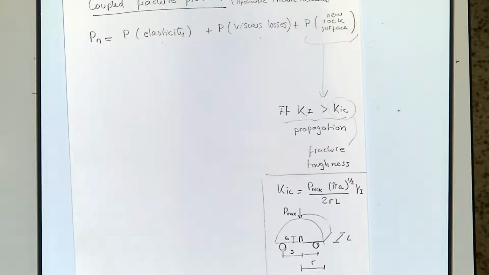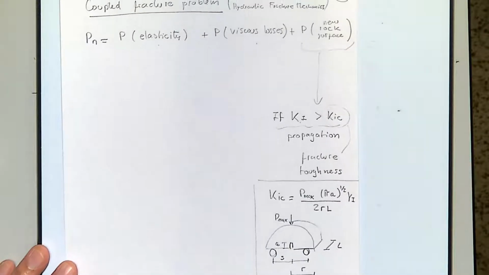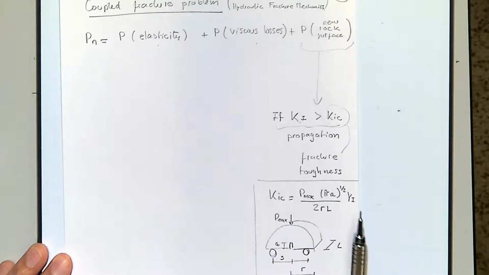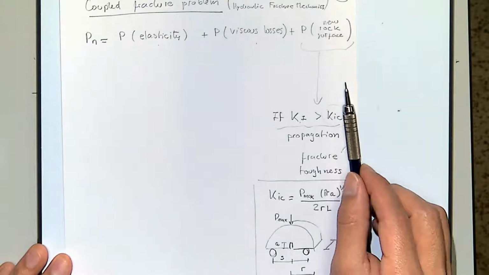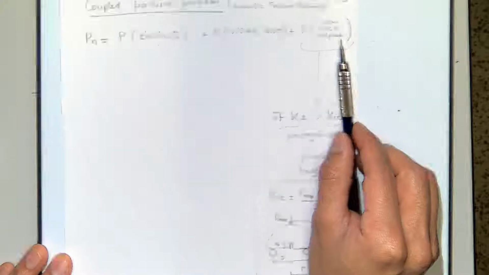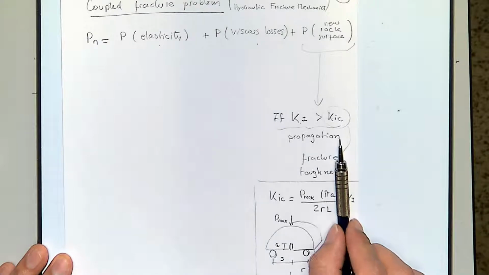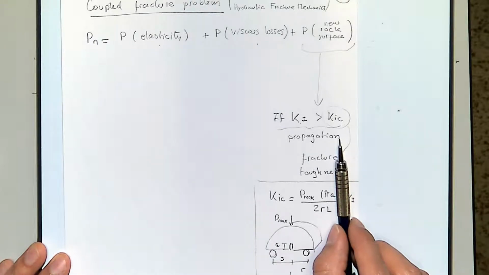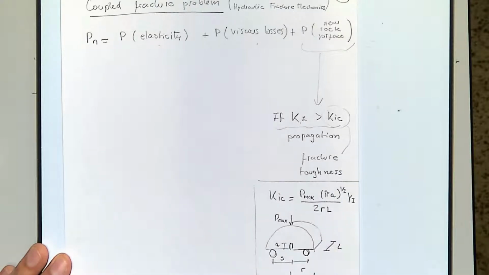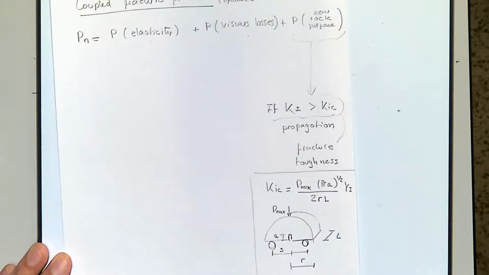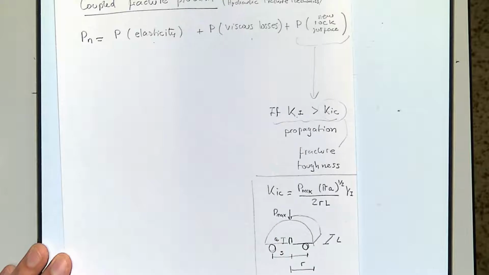And that net pressure is going to depend on many things. The first thing that we saw on Thursday was the pressure to create new surface, and that depends on the fracture toughness of the rock. We calculated this in class. Did you guys calculate the value of toughness? Anyone did it?